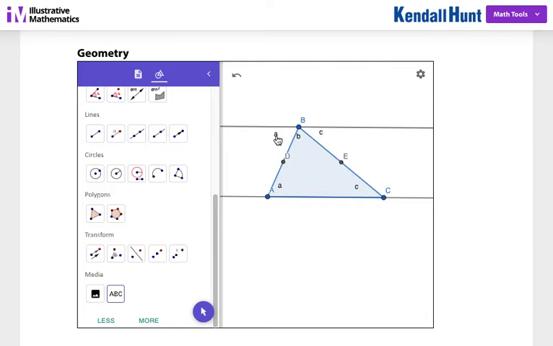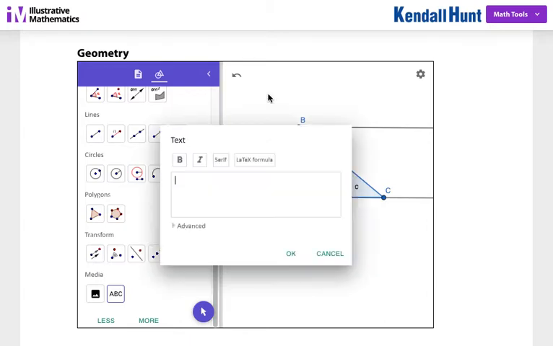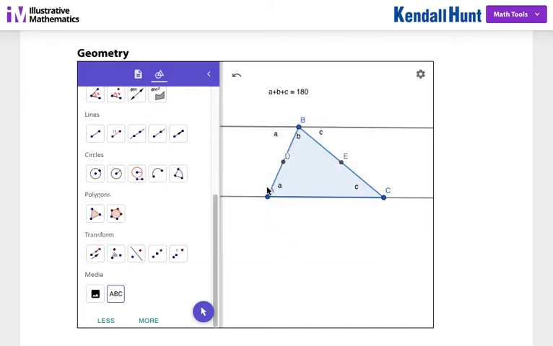So that means that A, B, and C all together add up to 180 degrees. How do I write that? I write A plus B plus C, the sum of those three angles, equals 180 degrees. And so that is one way to convince ourselves of the triangle angle sum theorem, that the sum of the three angles in a triangle, A, B, and C, add up to 180 degrees.